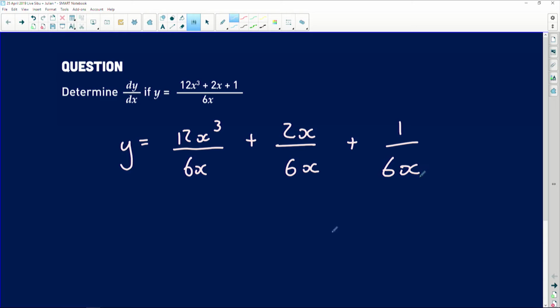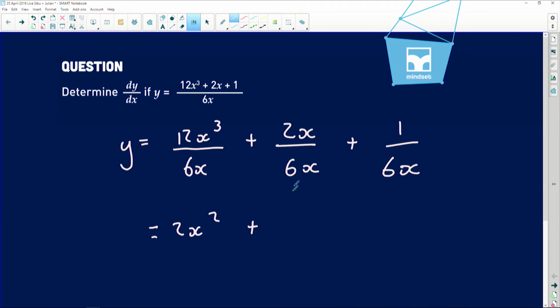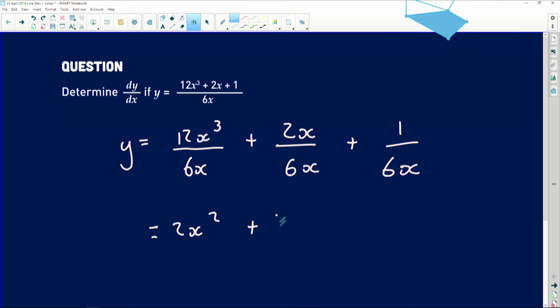So we simplify: 6 goes into 12 twice, so we have 2x squared, plus 2x divided by x, which gives 1 over 3, and then we have 1 over 6x.